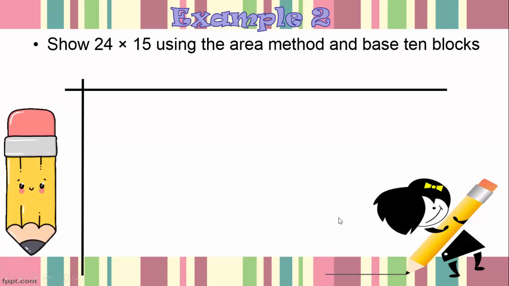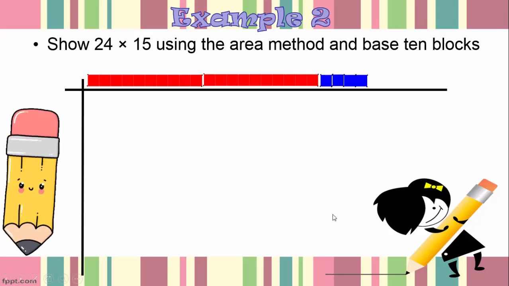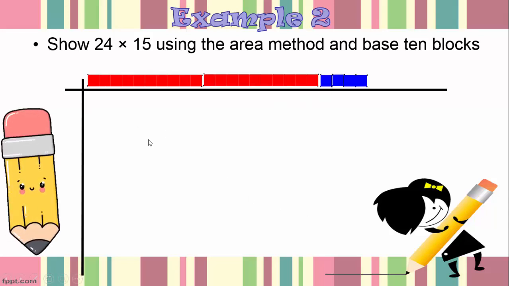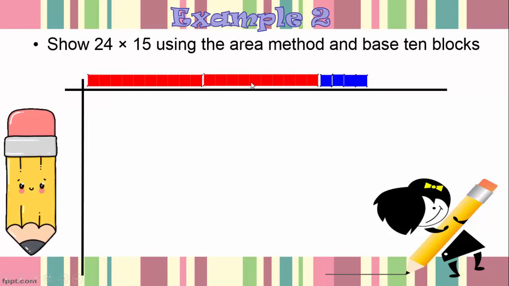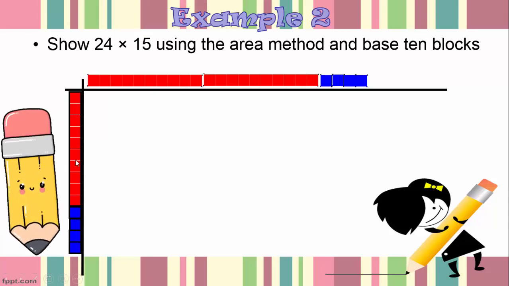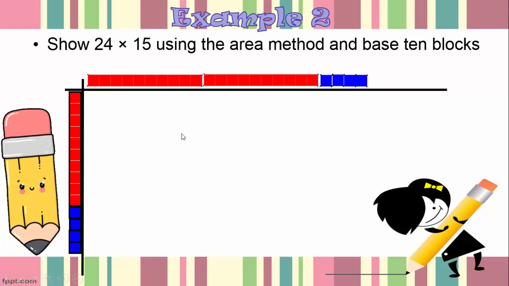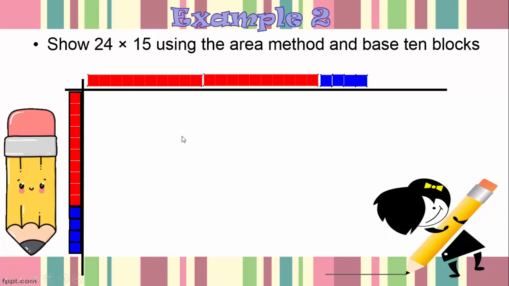In example number 2, we're asked to show 24 times 15 using the area method and base 10 blocks. So we set up our table, and here we have 24 on top, 2 rods and 4 units, and then 15 on the side, 1 rod and 5 units. And now I will start to fill this in.